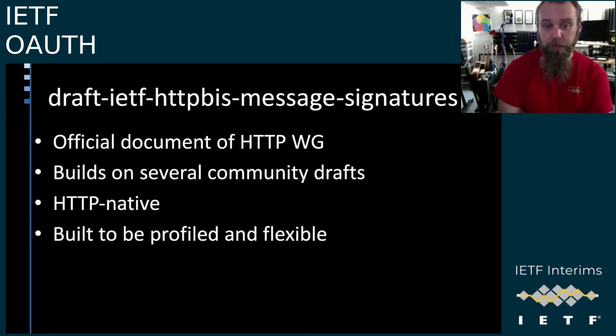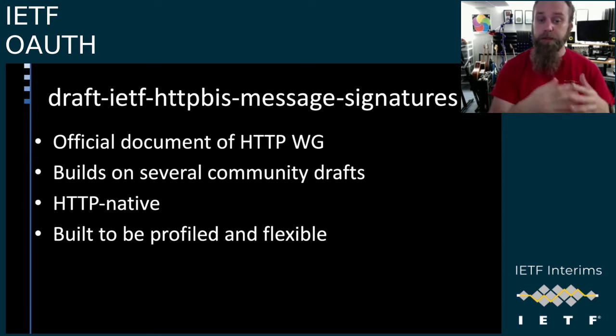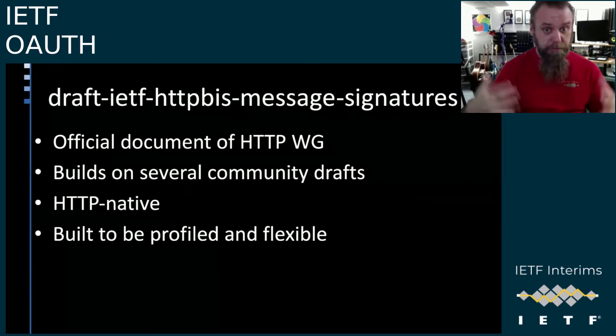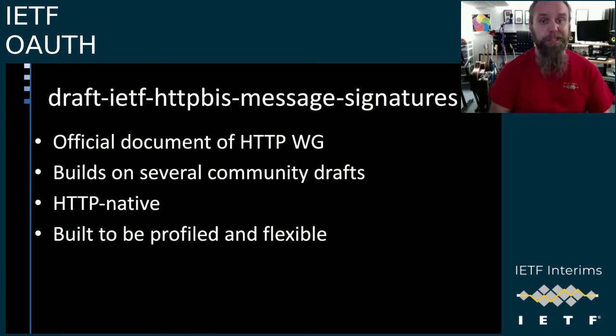And this is important: this is an actual part of the HTTP working group that takes input from a bunch of the different community drafts. Most of the structure is from the Cavage draft, some of it from this OAuth draft, some of it from the Yaskin drafts, and some other stuff we found floating around out there, and we decided to make an actual official HTTP detached signature draft that is designed to be profiled and flexible in the ways that we know people were profiling and applying this thing to begin with.